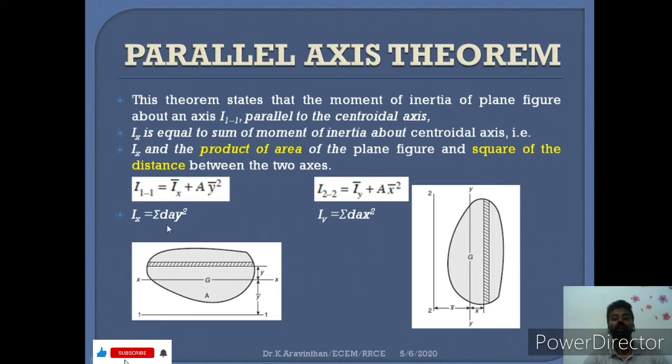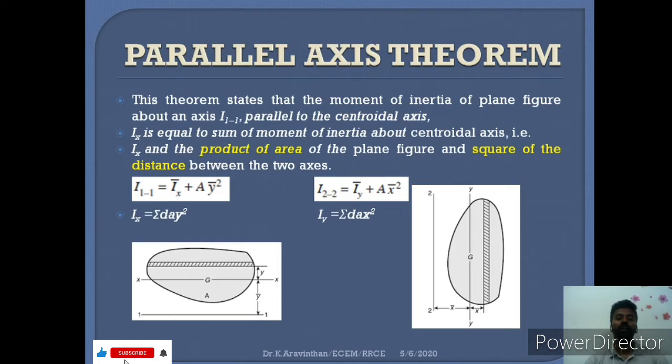So this parallel axis theorem is used for identifying the moment of inertia for built up section. Particularly if you want to identify the moment of inertia of a composite section or an irregular section, parallel axis theorem is very much helpful.